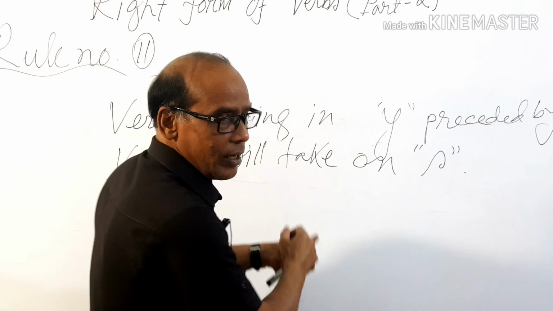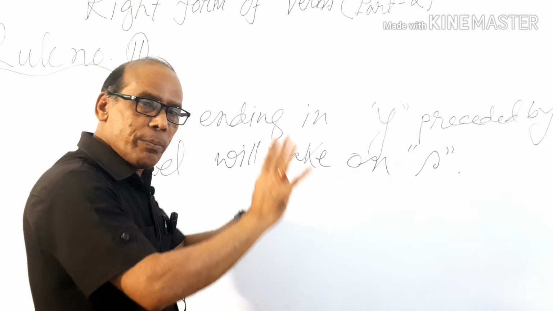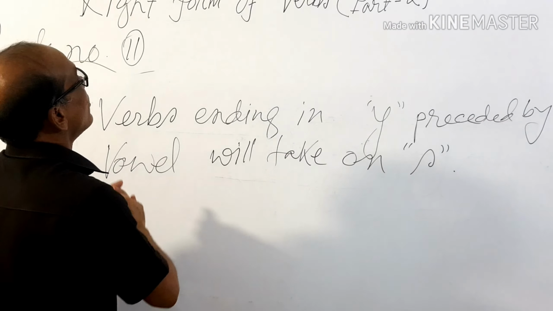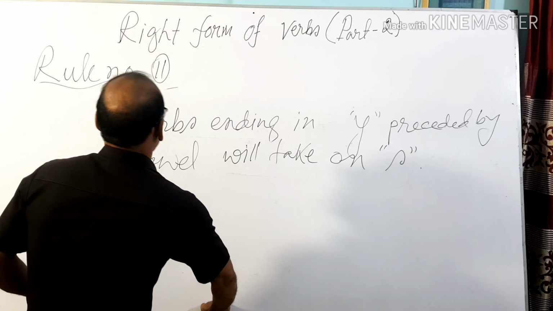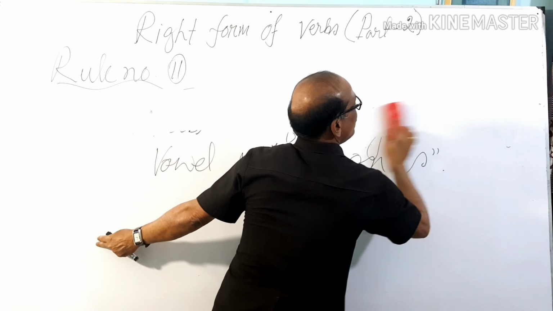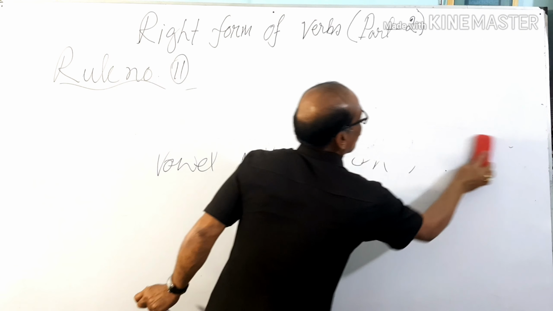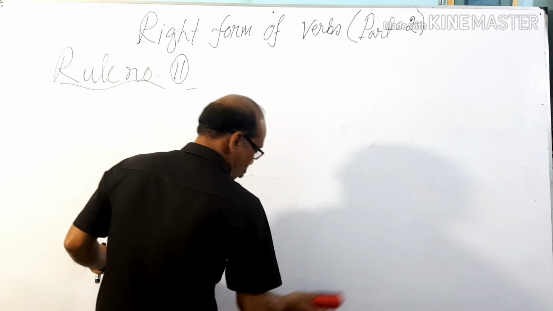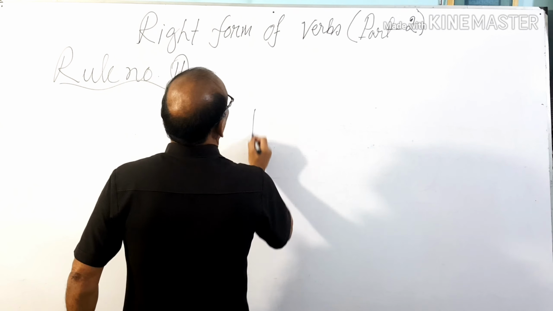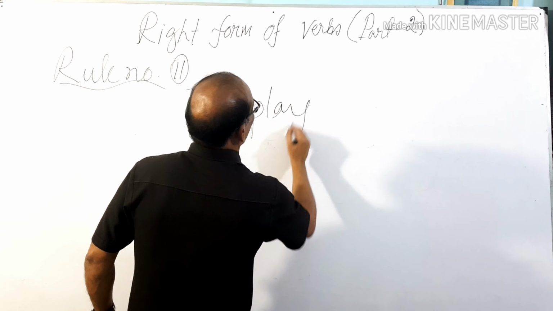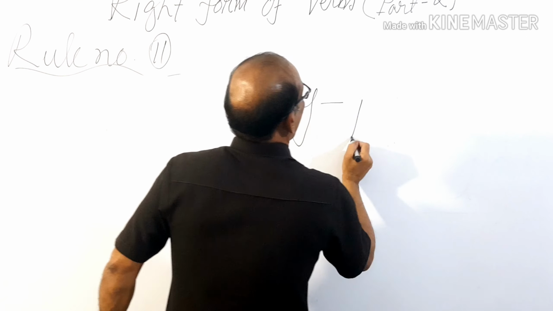Only s will be added. Y will remain intact, unchanged. And let me give you some examples. And this is an easier rule than the previous one. Here, play. We will have to add only s.